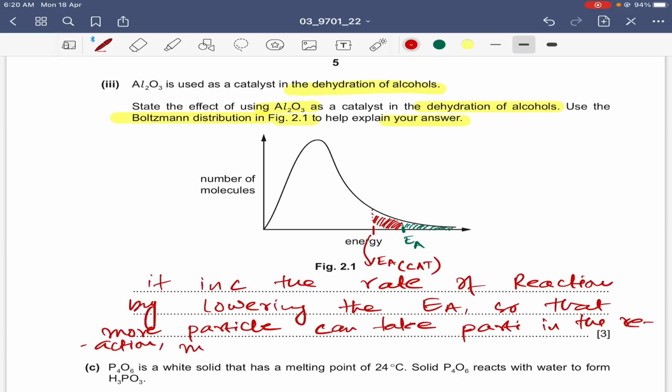More collisions take place, more frequent effective collisions.